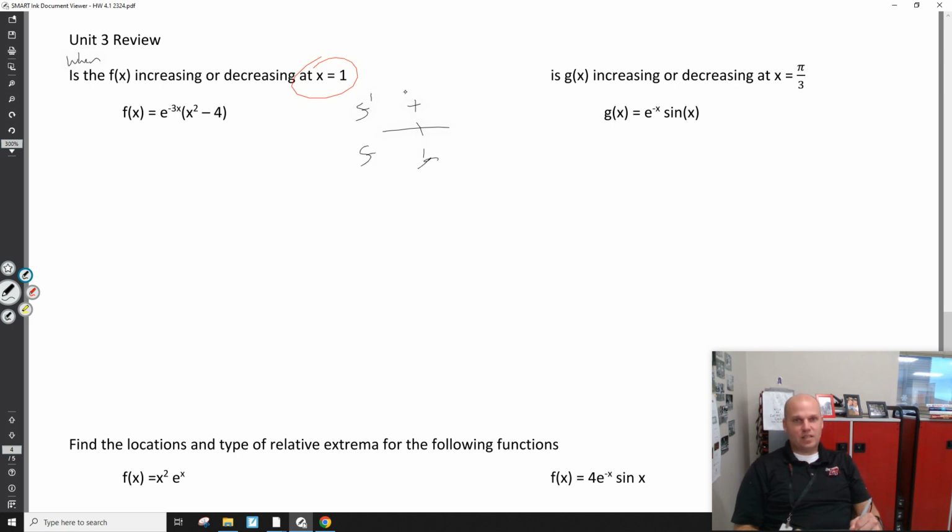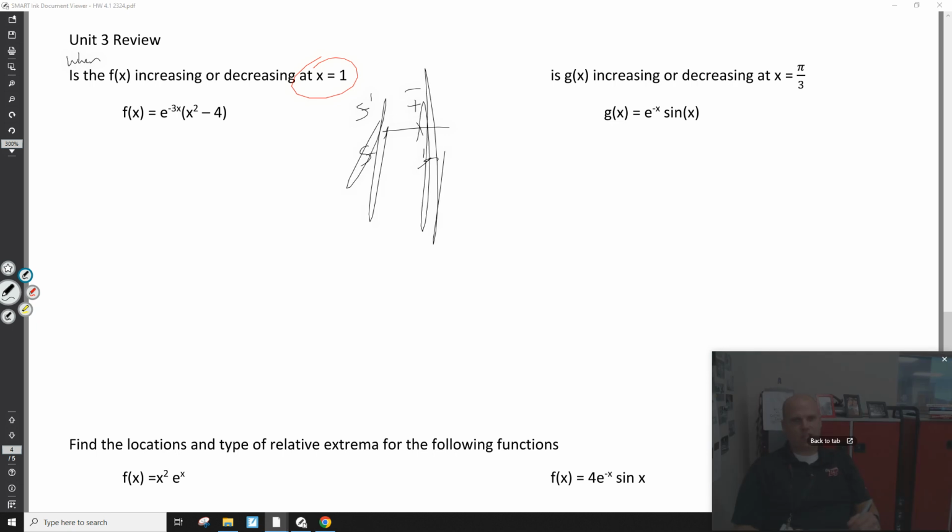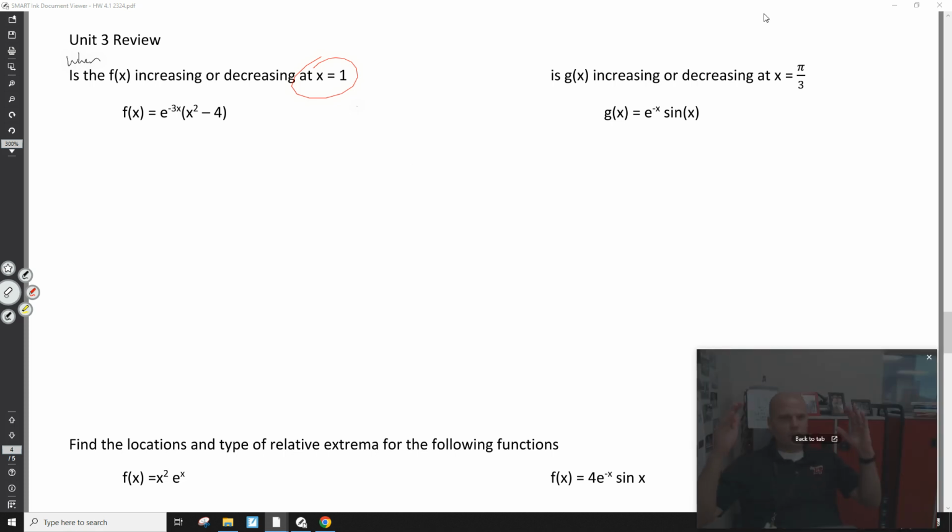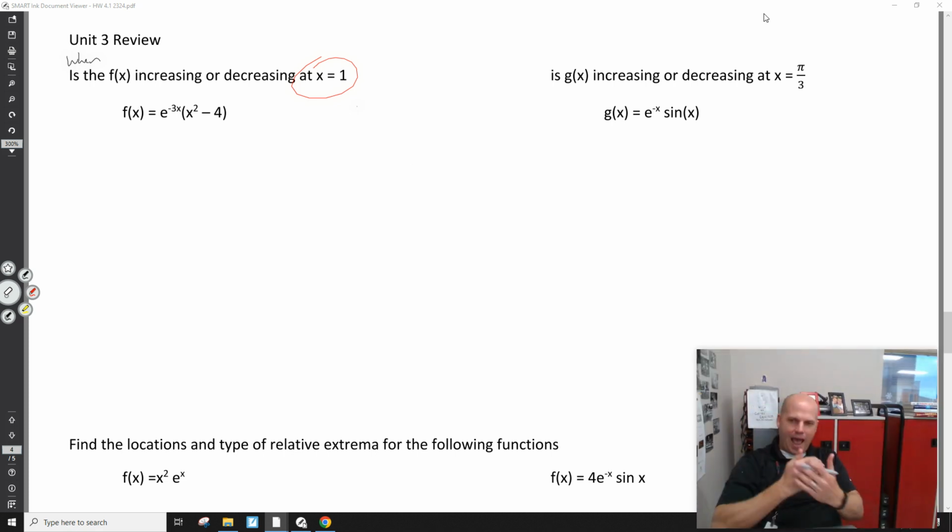If f prime is negative, that means it's got to be decreasing. So we don't need a full sign analysis if you're just looking at one point. Remember, the interpretation of a derivative is at this location, this function is increasing or decreasing, this many y's per x. Based on the sign, we say increasing or decreasing.